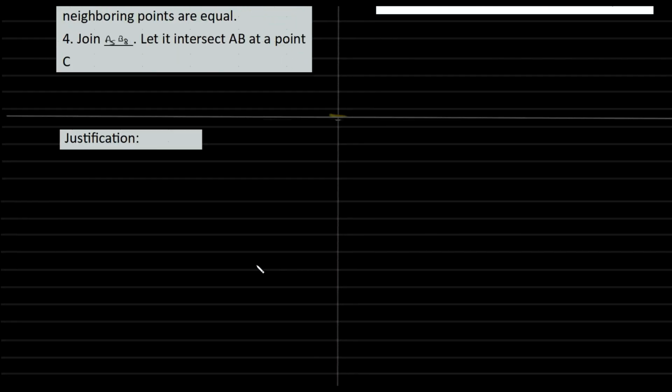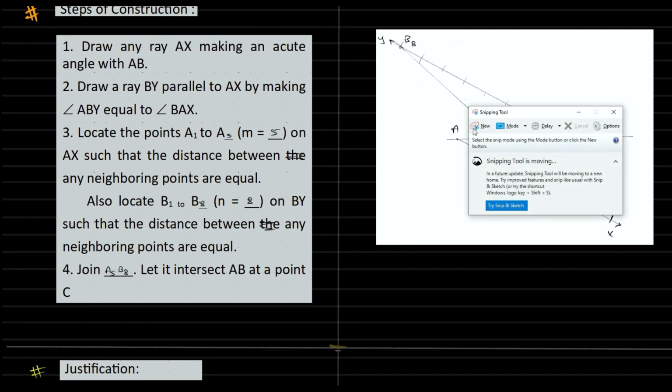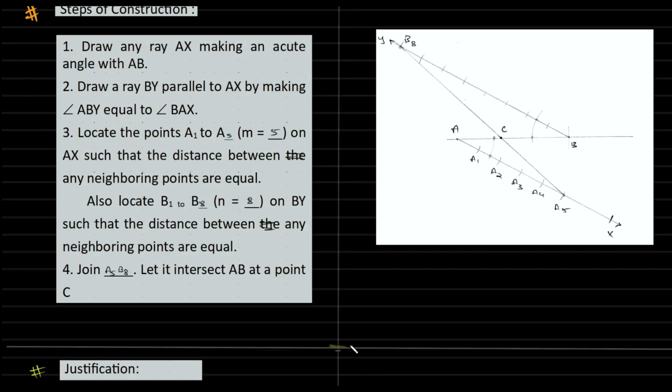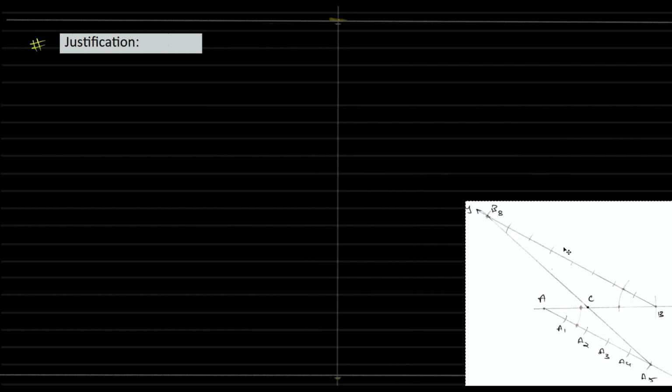Okay. Now justification. How will this work? So for that we need to make use of this again. You need not draw this again. Please note that it's just for me to write the proof. That's it. Justification.